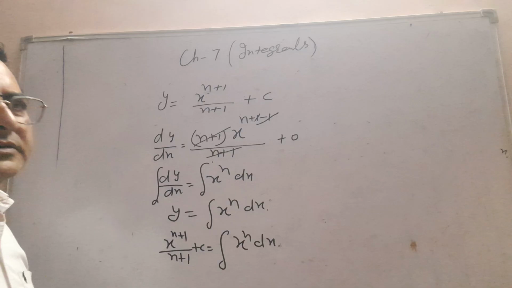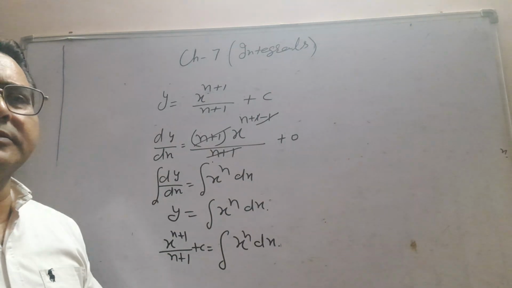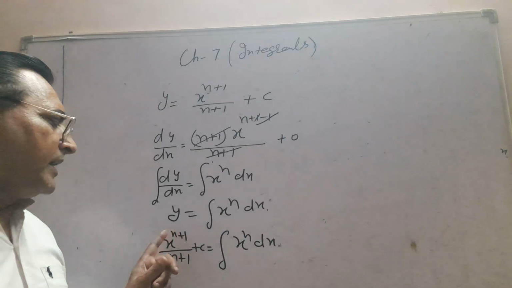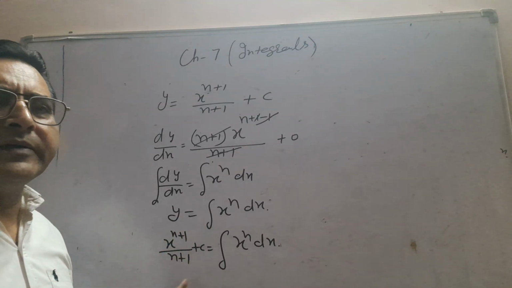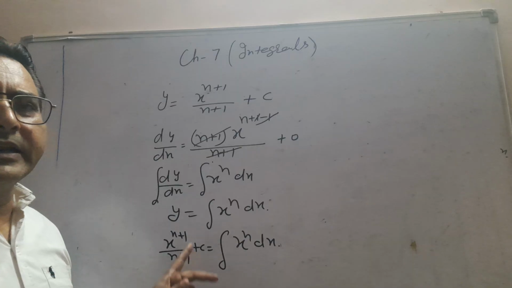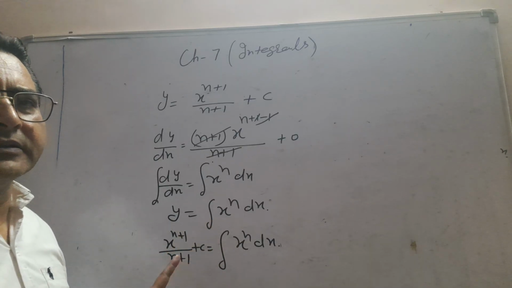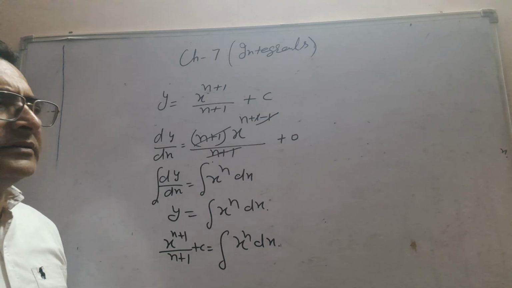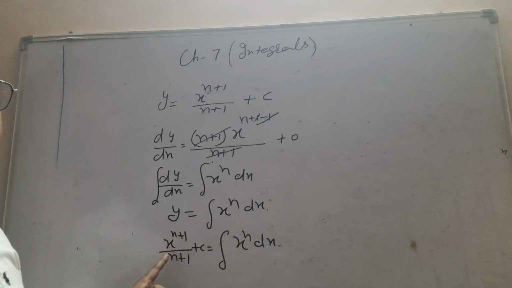So if the function is in the form of x power n, its integration will be x power n plus 1 upon n plus 1. That means we have to add 1 in the power and the same number we write in the denominator.